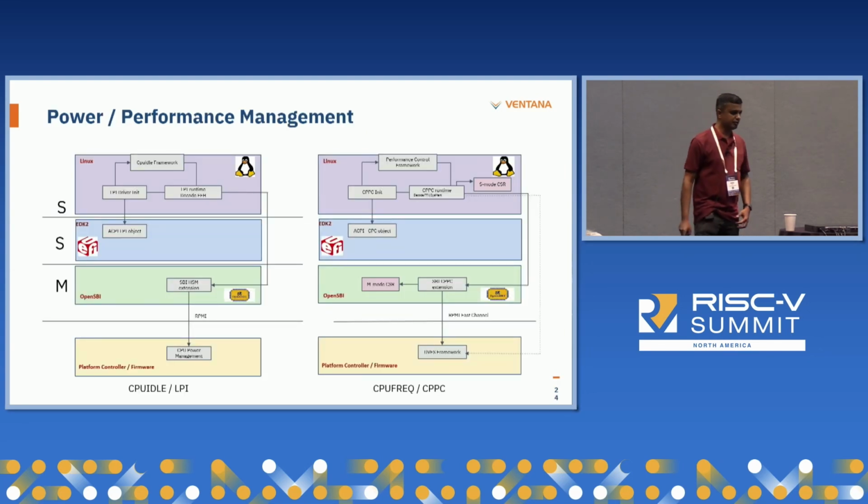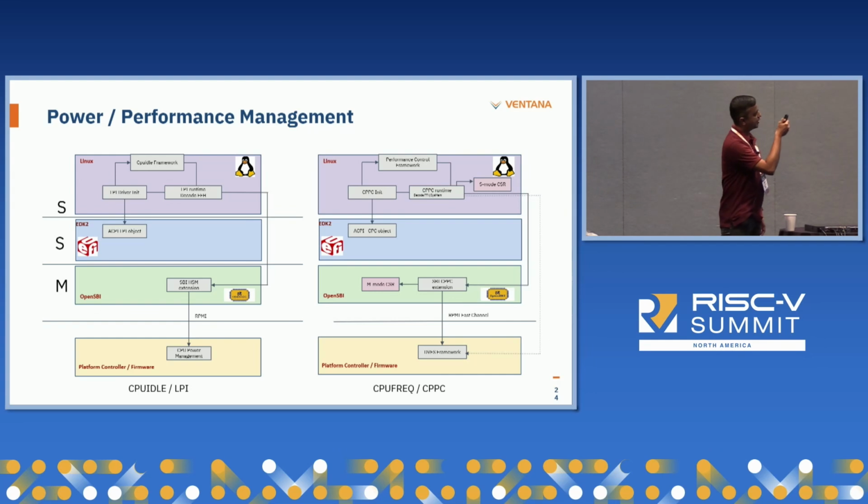Another important aspect of ACPI is power and performance management of the CPU. At a high level, CPU idle, or low power idle as we call it in ACPI, is architected like this. The S-mode firmware provides the ACPI LPI object to the operating system, which provides all the details of how to handle the power changes.